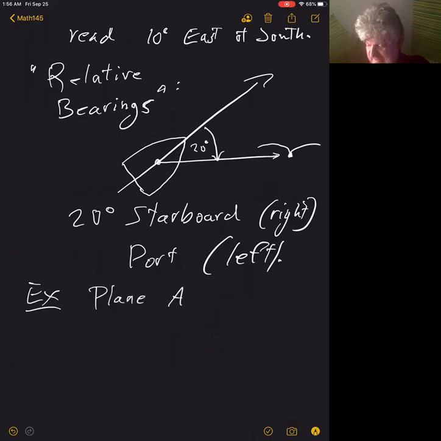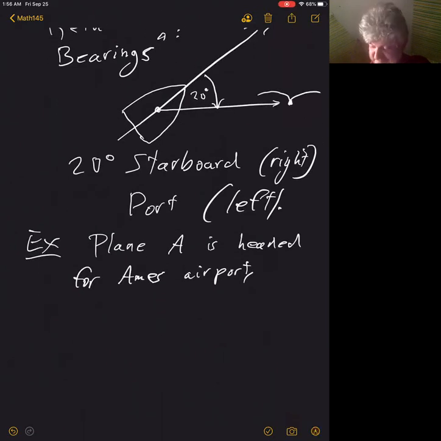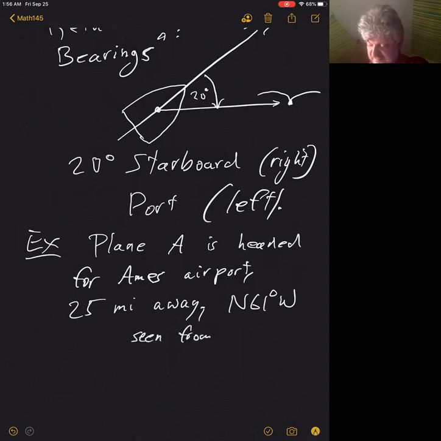Plane A is headed for Ames Airport. And it's 25 miles away. And it has a compass bearing 61 degrees west of north, seen from the airport.